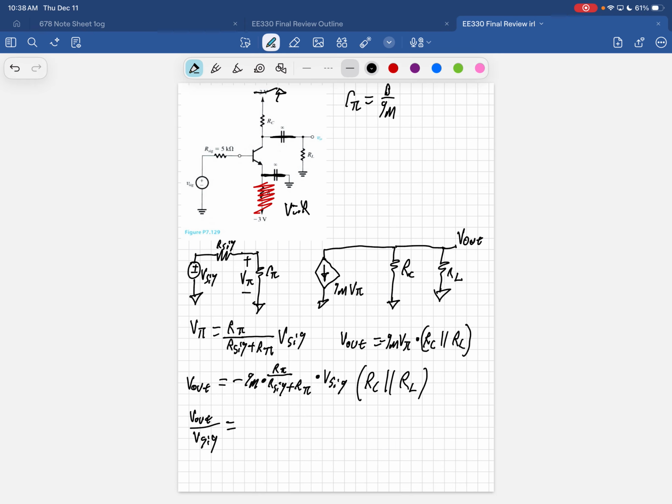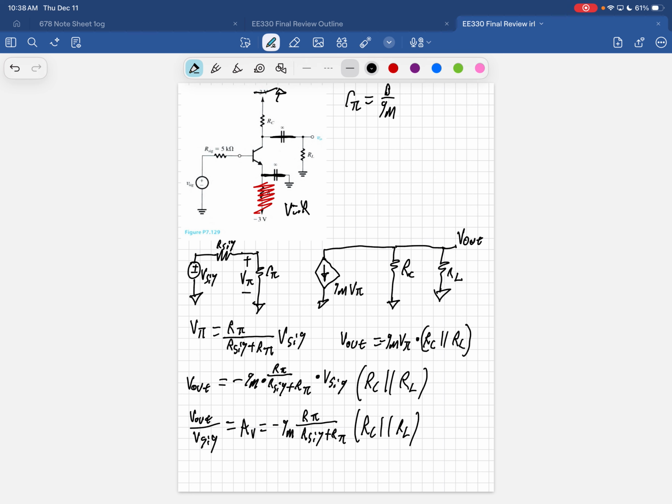AV equals negative GM R pi divided by R sig plus R pi, times RC in parallel with RL.